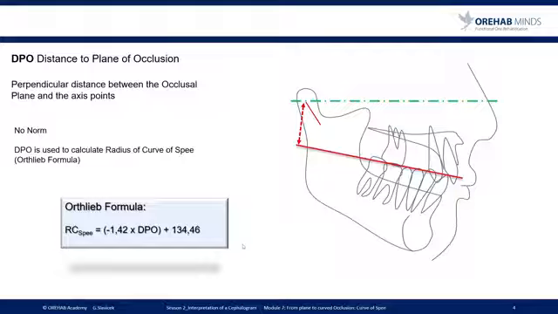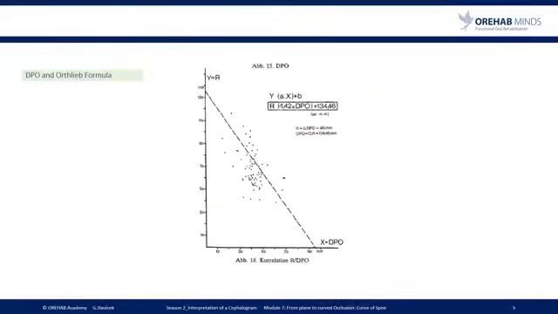And we can use this formula to calculate radius curve of Spee in millimeters: minus 1.42 times dPo plus 134.46, the exact formula in his publication. So in the Ceph we measure the dPo, we put it into the formula, and we get this radius based on this correlation table.